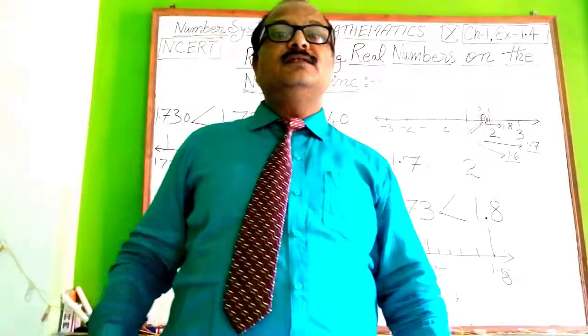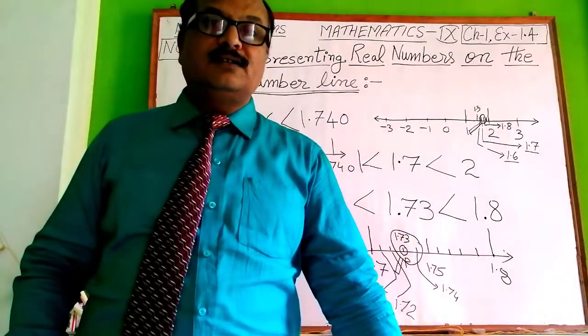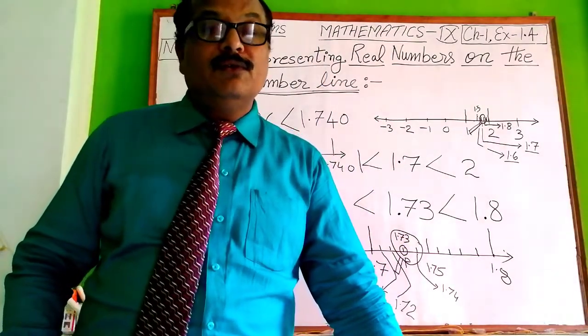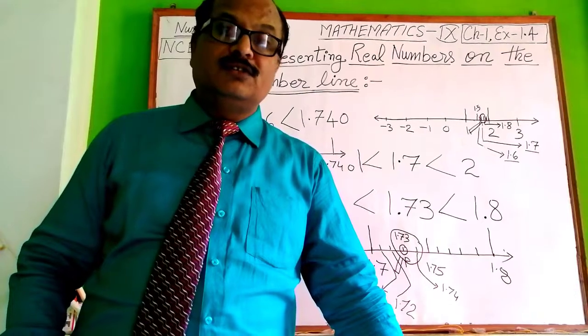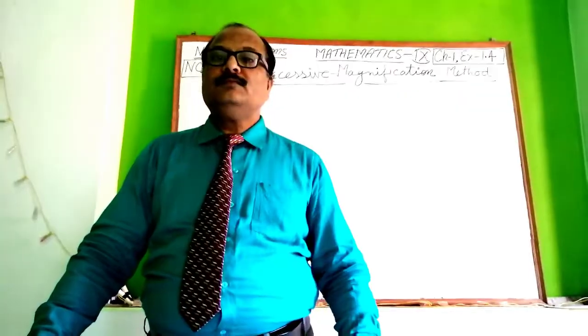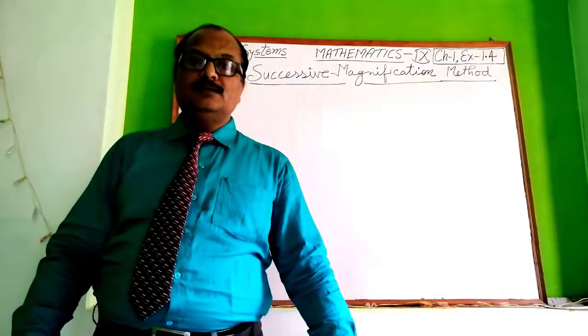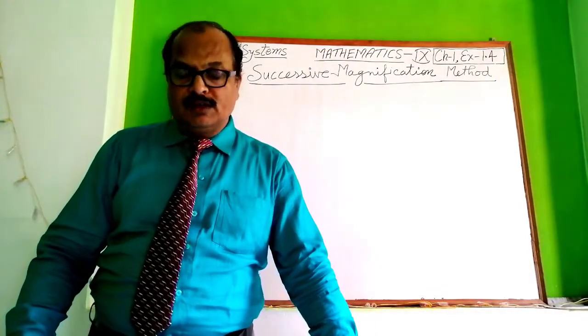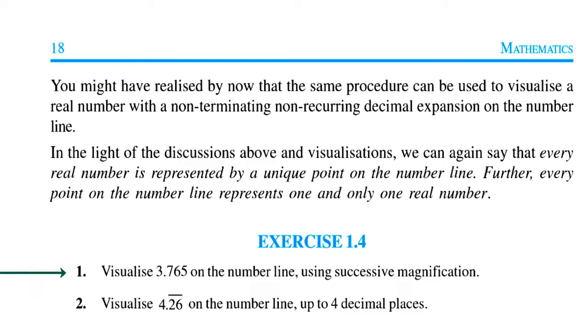So students, there are two examples in the exercise 1.4, question number 1 and question number 2. So let us see it. Exercise 1.4, question number 1. Visualize 3.765 on the number line using successive magnification.